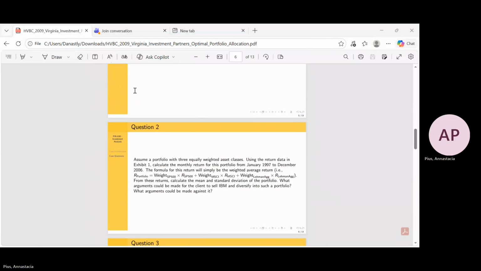So we first did the individual, and instead of multiplying each one by a third, since the third is a common factor, we just add the 3 of them to get the portfolio monthly return.